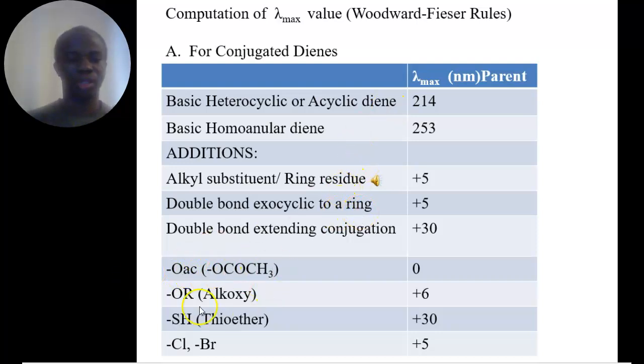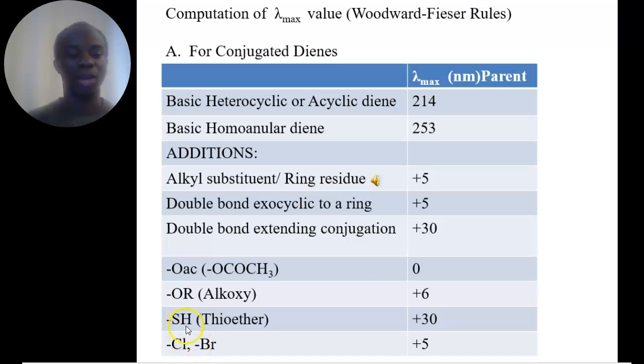So there are other substituents that could also be attached to the conjugation system, the 2 double bonds, the dienes, the 2 double bonds that are conjugated. There are other things that could be attached to them, which include all of these. Sometimes you can have chlorine directly attached to the conjugation system.